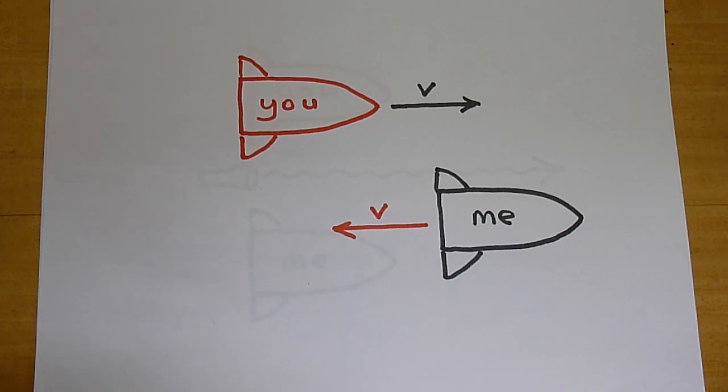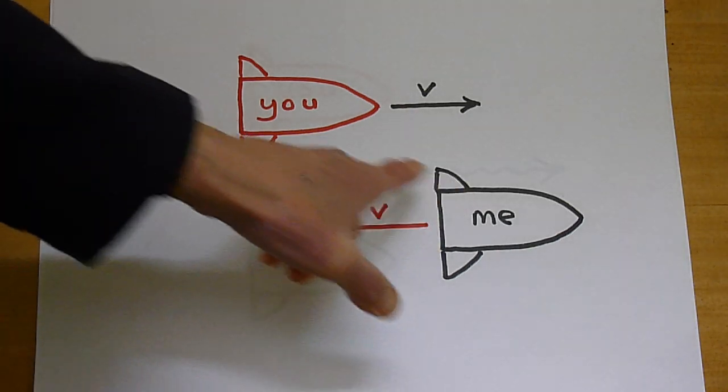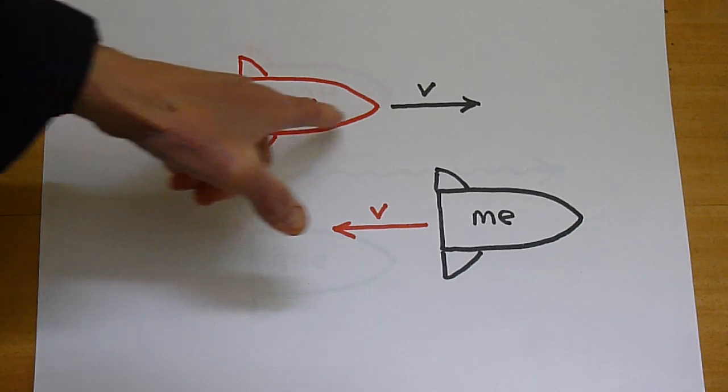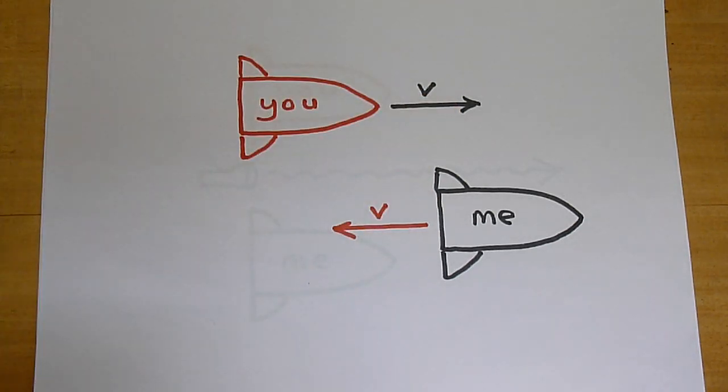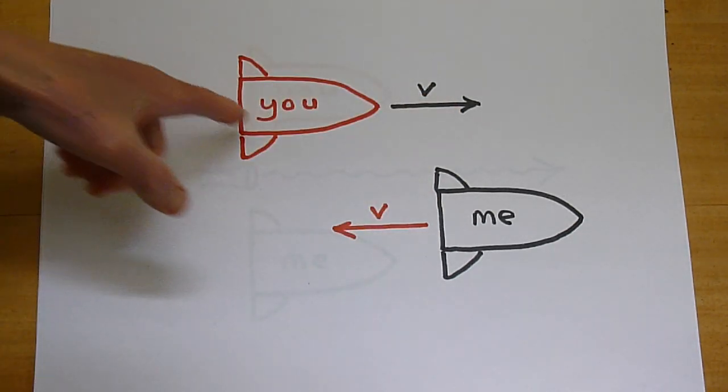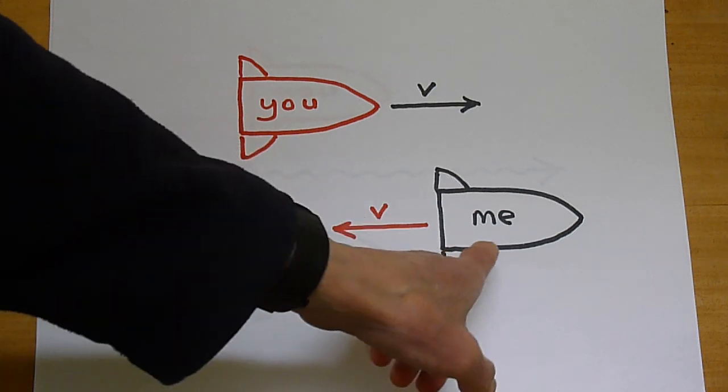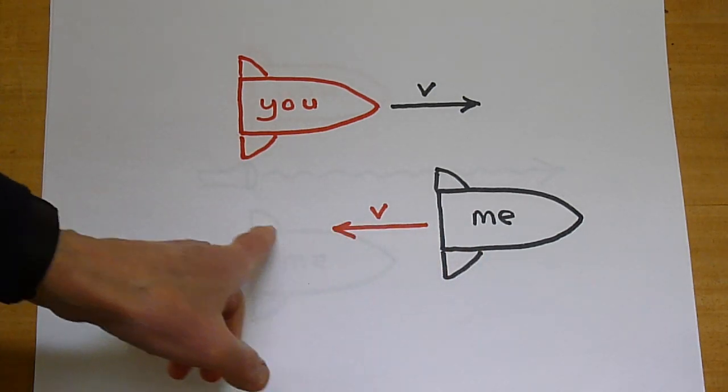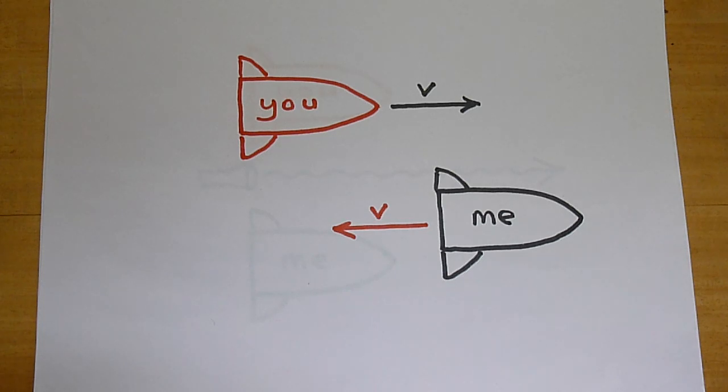But we have relative motion, so as I look back, I see you moving towards me in that direction with velocity v. You look forward, you see me moving towards you in that direction with the same velocity v.